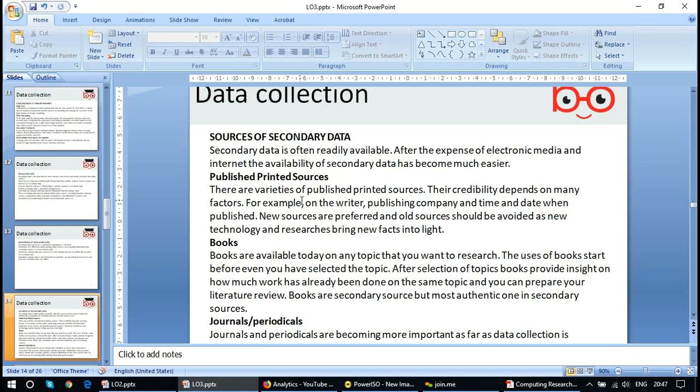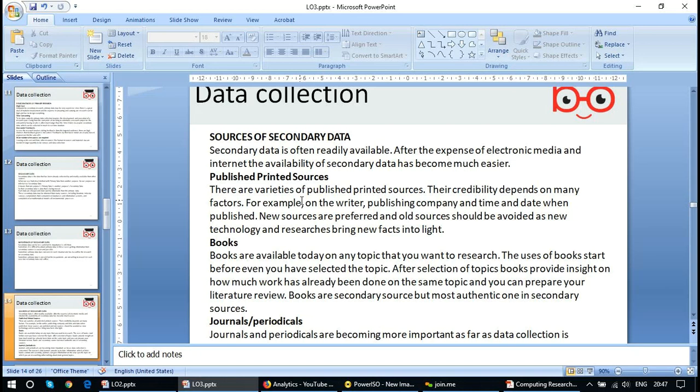Then published printed sources. There are a variety of published printed sources. Their credibility depends on many factors, for example, the writer, the publishing company, and the time and date when it was published. New sources are preferred and old sources should be avoided, as new technology and research bring new facts to light.